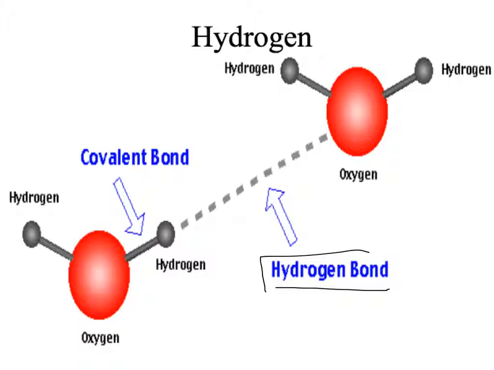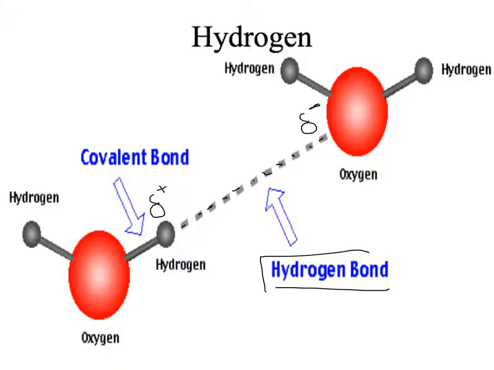And what happens is the hydrogen, again, because it's less electronegative, has that little partial positive charge. And this oxygen, because it's more electronegative, has a little negative charge to it. And they form an attraction between each other. And it forms a very strong bond and gives water some of the unique properties that it has. And that's hydrogen bonding.